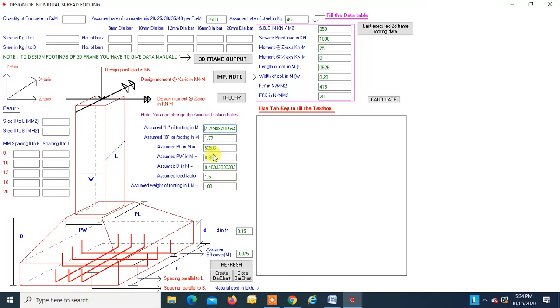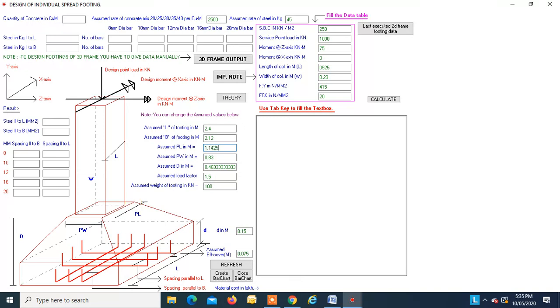Let us take our actual values. Let us delete this. Our L is 2.4, delete this, this is 2.1. Assume PL, which we have assumed as 1.1425.